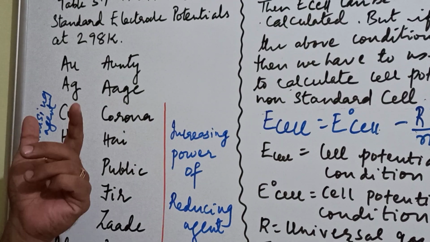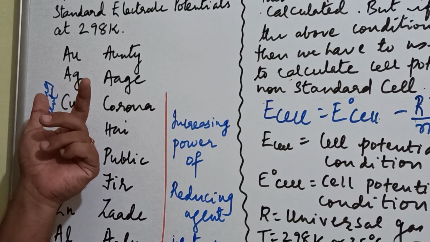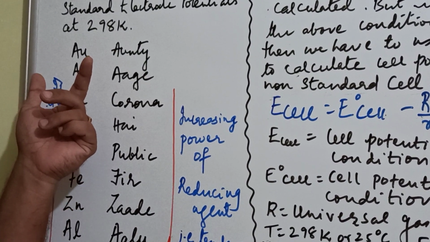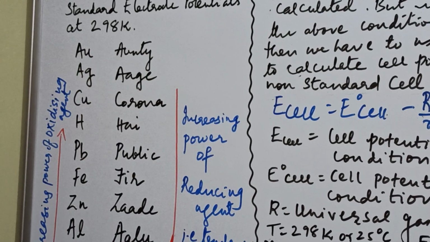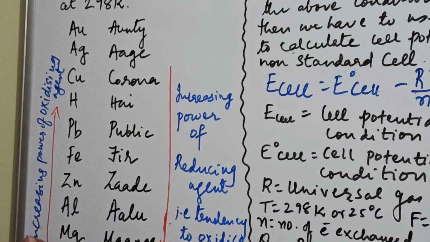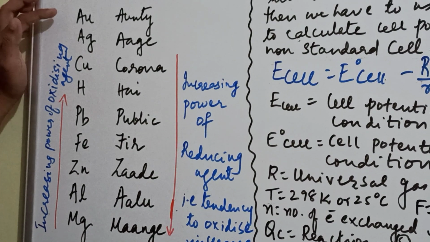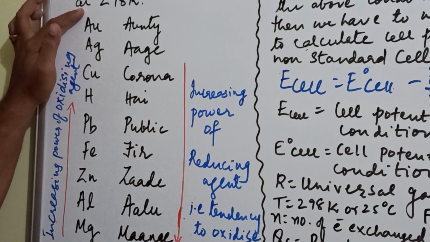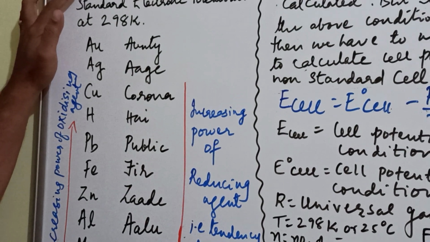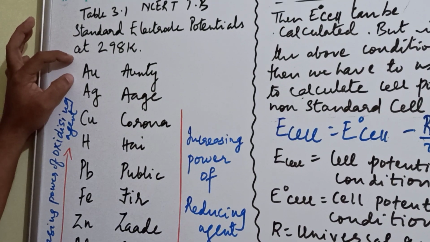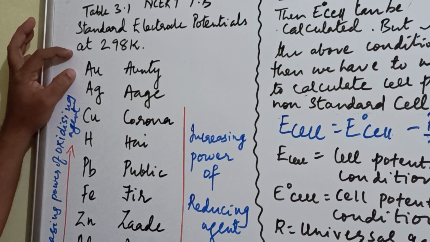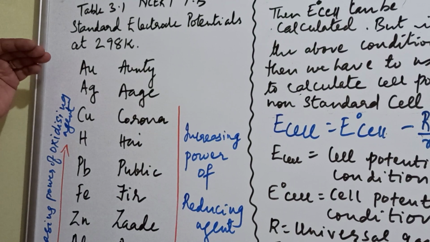Now, there are certain elements in this series that we need to remember. If you see the table 3.1 in our textbook, fluorine is at the top, followed by other elements.